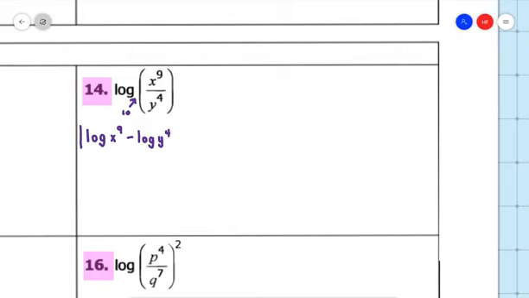And we could expand that further if we need to. Sorry, I was going to say based on the powers and say this is x cubed times x cubed, but what we're going to do instead is take that 9 and make it the coefficient. So 9 log of x minus 4 log of y, and then we're done.